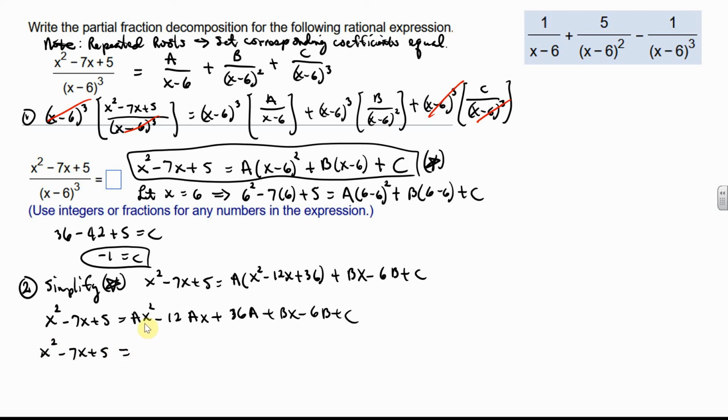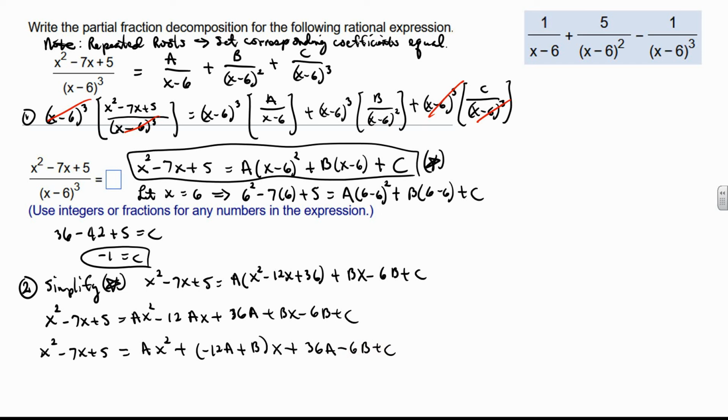I only have one x squared, it's just a x squared. Now I'm going to get the x's together, plus x, in parentheses, I have minus 12a, plus I have b times x. So this is all times x. Everything left I have are just coefficients. 36a minus 6b plus c.